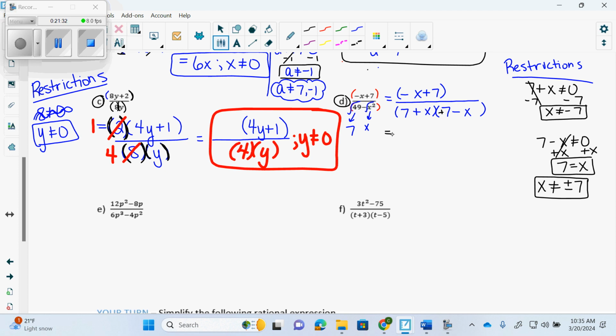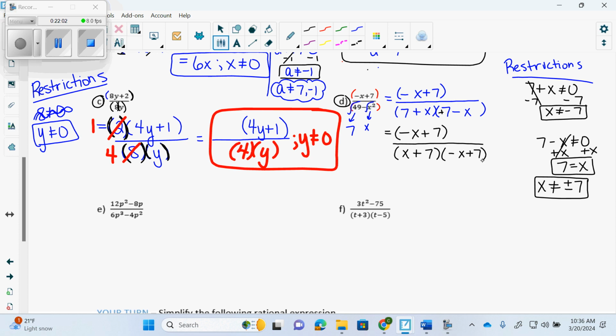So I'm going to show you. I can go negative x plus 7 up here. Leave that one the way it is. And then my denominator, I can write x's first if I want to, so that I can see that they actually match. Okay? We're going to write them the same. So this is going to be positive x, positive 7. And then this one is going to be what? Negative x, because I have to take the sign with it. We agree? And positive 7.